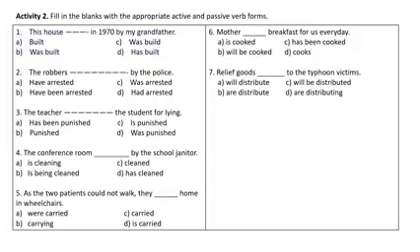For activity 2, fill in the blanks with the appropriate active and passive verb forms. So please observe the subject-verb agreement. If the subject is singular, the helping verbs usually used there are was, is, has.